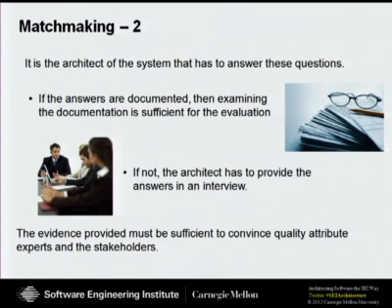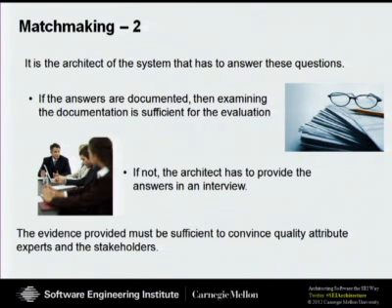And it's the job of the architect to provide the evidence that those scenarios that are important to the stakeholders are fulfilled. No one else can do that. Only the architect can do it. And the architect has to provide the evidence to quality attribute experts and convince those experts.